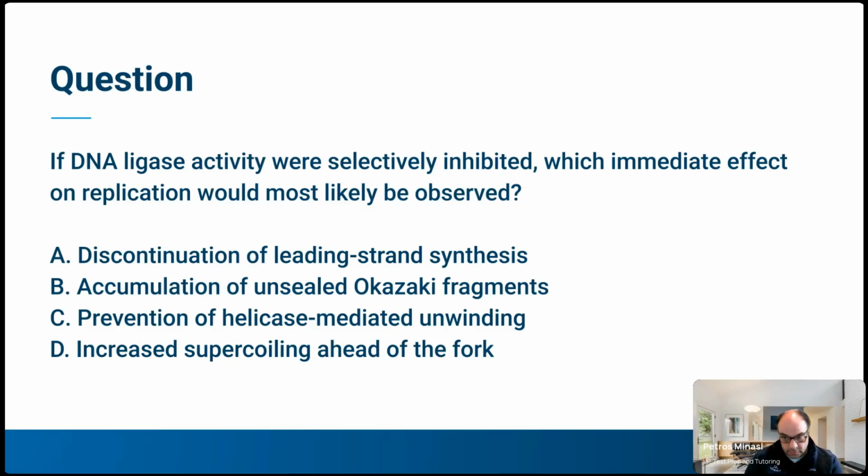I can't overemphasize this, you always want to and need to go into the answer choices looking for something versus hoping to find something, right? You need to be actively going into the answer choices saying, I want an answer that says something about the Okazaki fragments not being stuck together. You want to be looking for something.